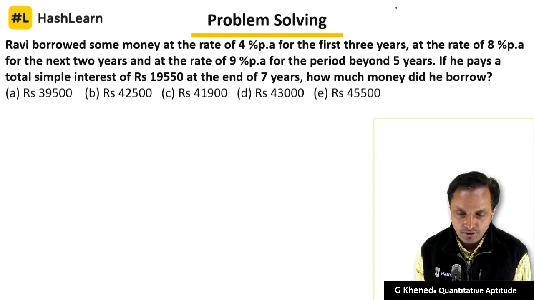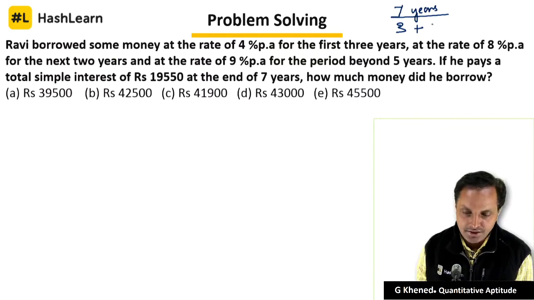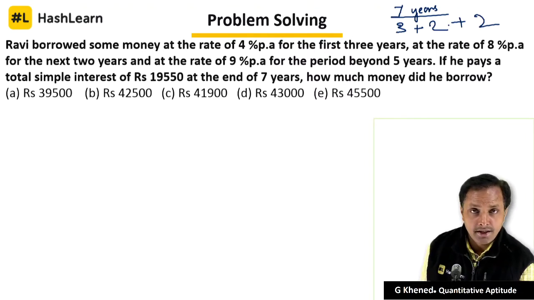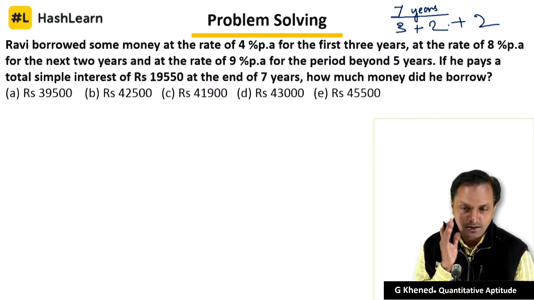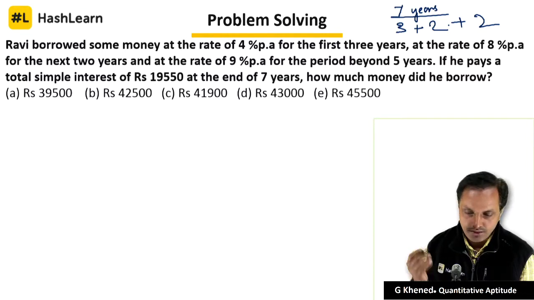So here you have to note the total is 7 years: the first 3 years, then 8% for the next 2 years, and then again 2 years. So the total 7 years is divided into 3 stages, 3 years, 2 years and 2 years. This is a problem on simple interest.